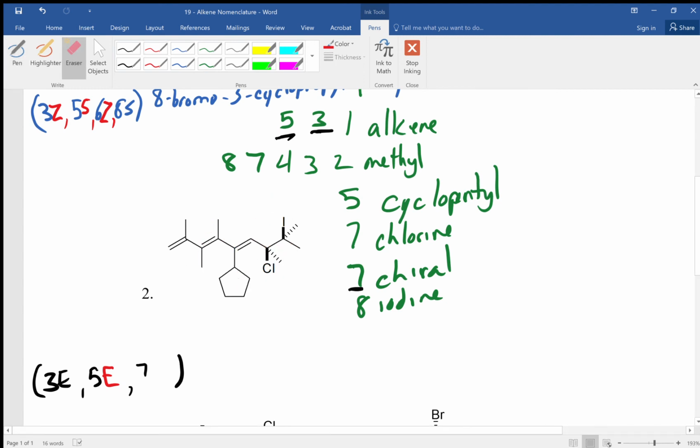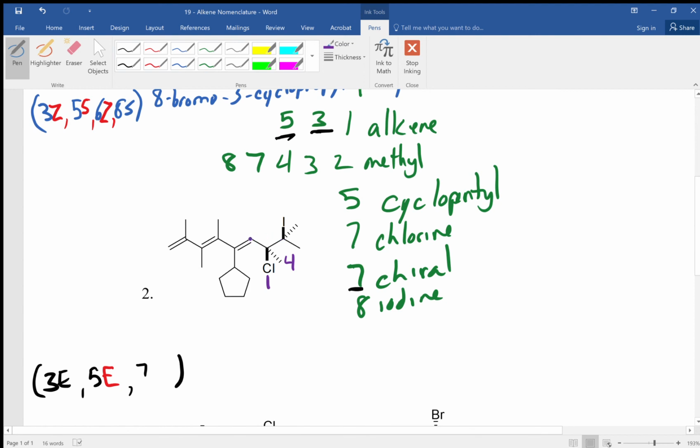And finally, our stereocenter. Our stereocenter here has something slightly unusual. That's the fact that a methyl is actually our lowest priority. So we're very used to seeing stereocenters where hydrogen is the lowest priority, but here it's the methyl. Chlorine is highest priority, and then we have two carbon groups here.